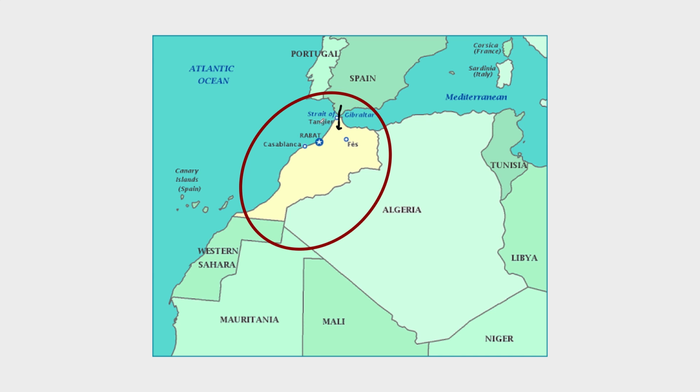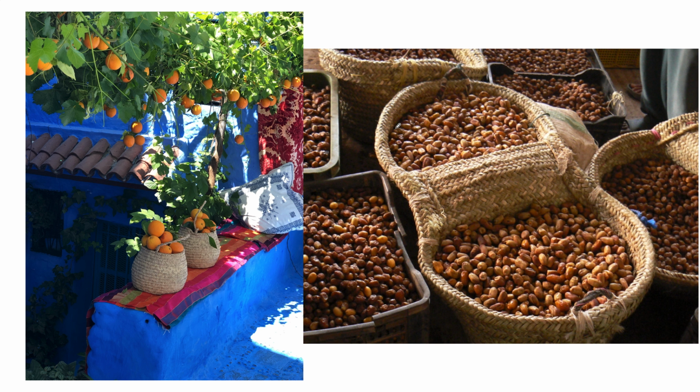So right up here, like Tangier, they speak a lot of Spanish up there. And Morocco once was a French colony, so a lot of the words and places there are in French. So that arrow is pointing to where I lived, which is Fez, and we'll talk a little bit about Fez.